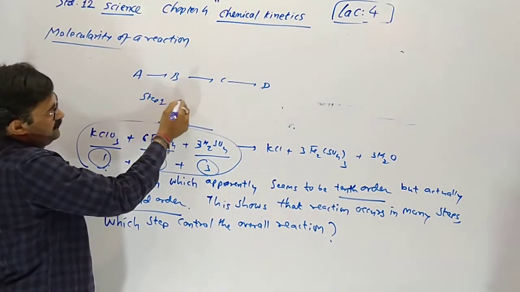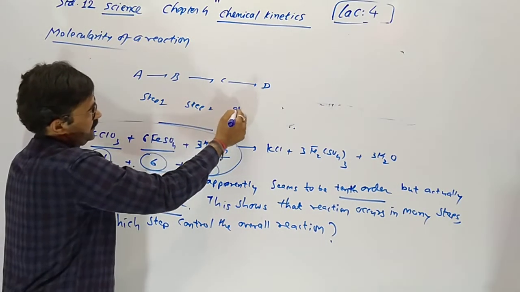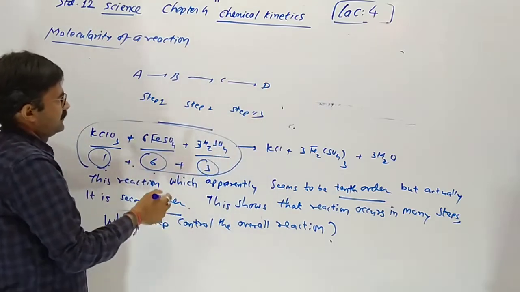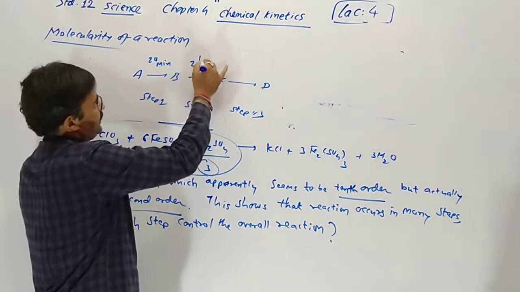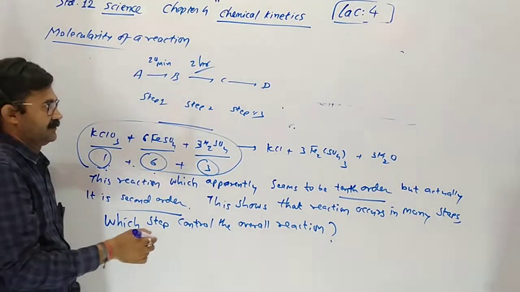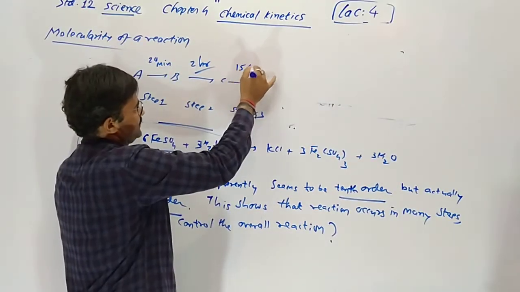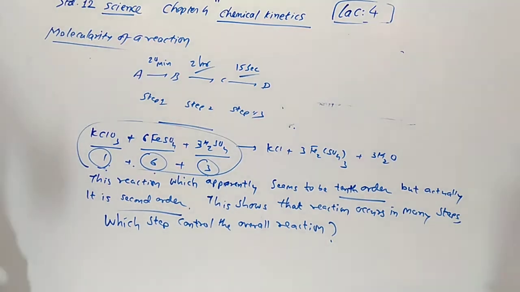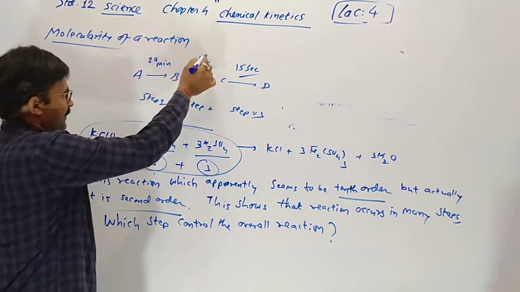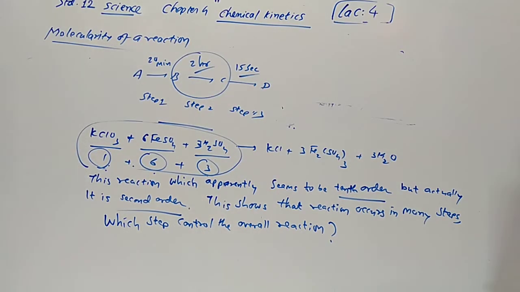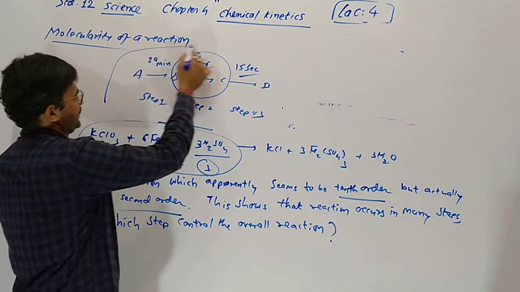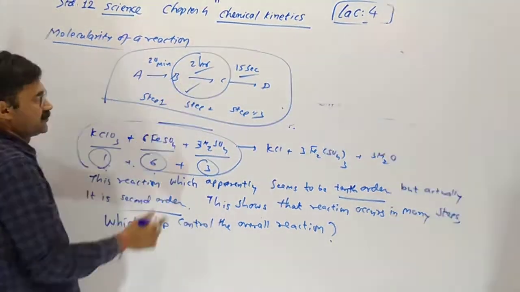Step 1, step 2 and step 3. First step completes in 20 minutes. Second step completes in 2 hours. And third one in 15 seconds only. So which step is the slower one? B to C. So we can say the completion time of the reaction is near about 2 hours.